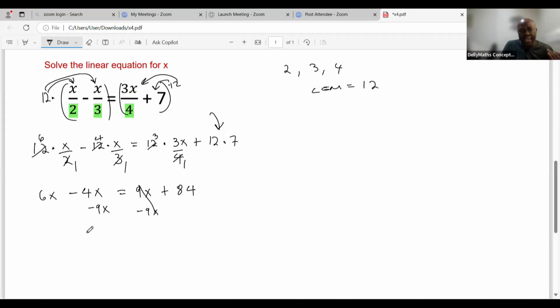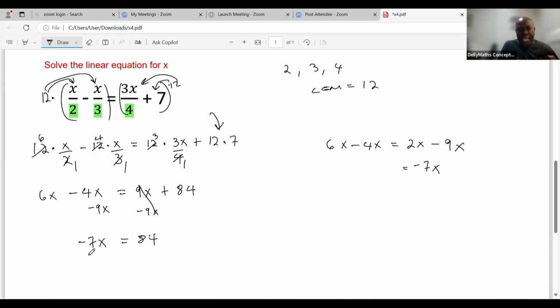Let us simplify the left side. 6x minus 4x is basically 2x, and then I'm taking 9x from that, so I'm left with negative 7x. So on my left side, everything comes to negative 7x, and this is equal to 84.